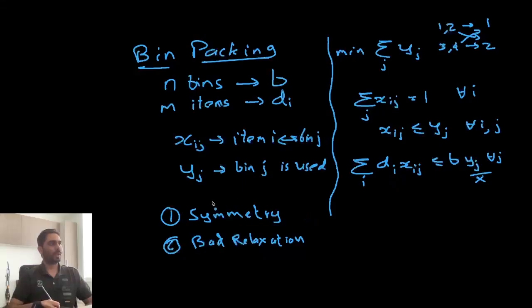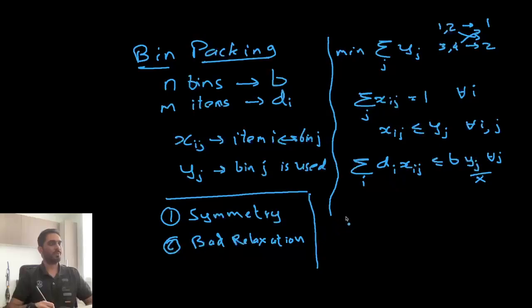So let's try to understand how bad this relaxation is. If you think about the minimum number of bins that are needed, what is the lower bound for the relaxation problem?